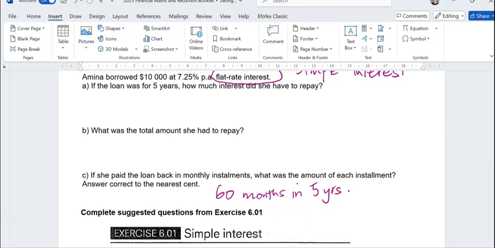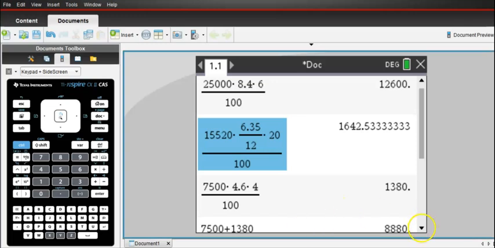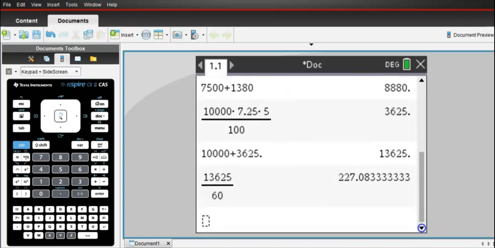When you're doing that one on the calculator, I'll just pop down to the bottom there. You'll see my calculations are here. The total amount that needed to be paid in that last example was $13,625. When I divide that amount into 60 equal months, we get $227.08.